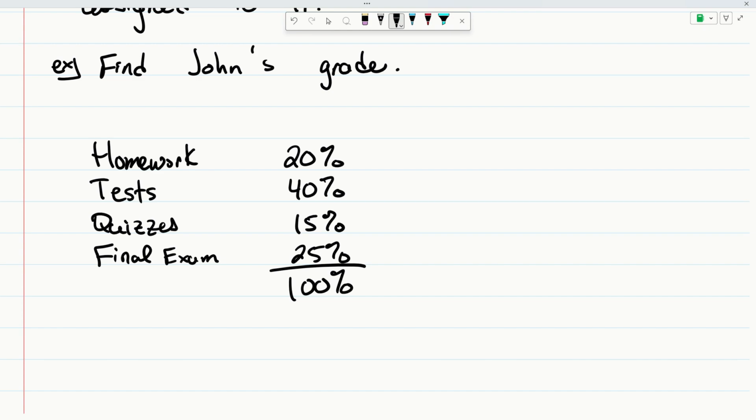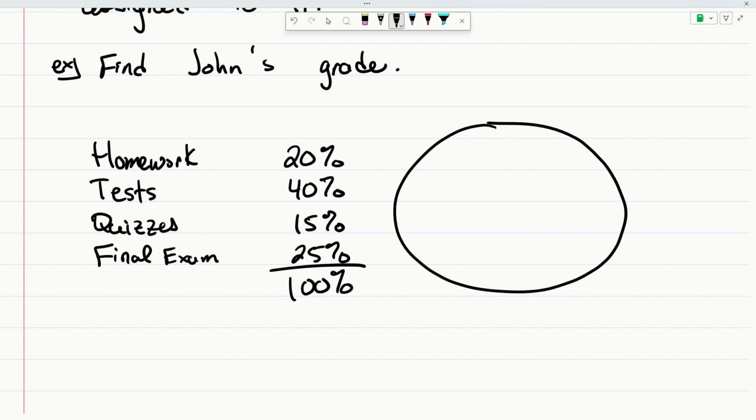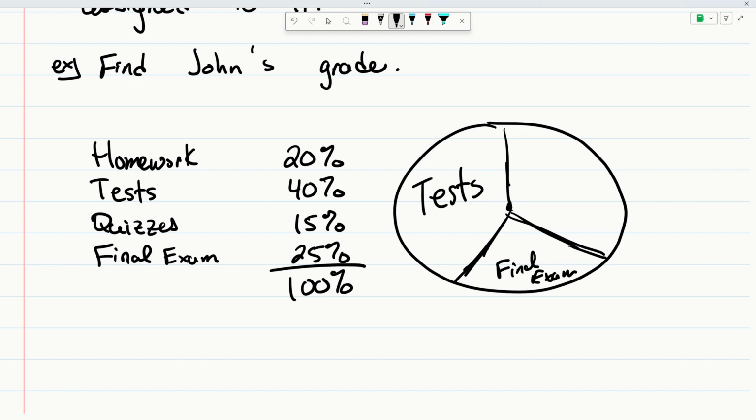So visually, here's what's happening. Let's say we get a pie chart. 40% are going to be tests. 25%, we'll go about right there, is the final exam. 20% is homework.